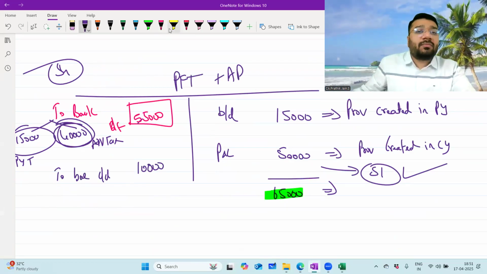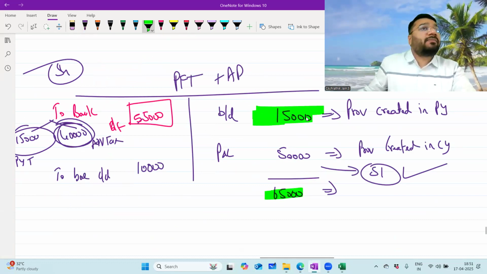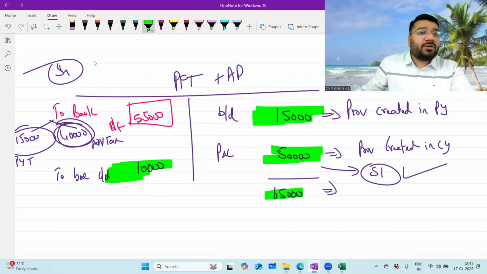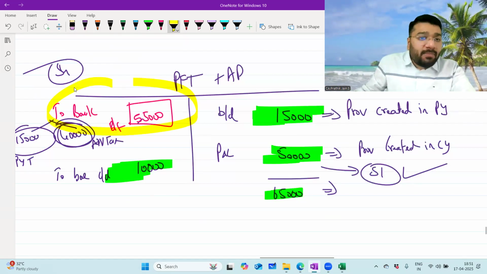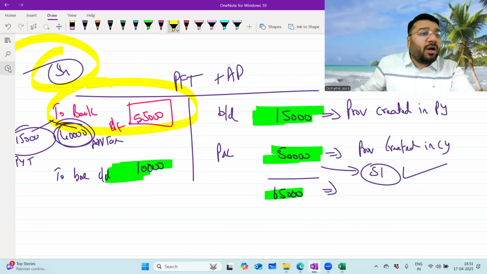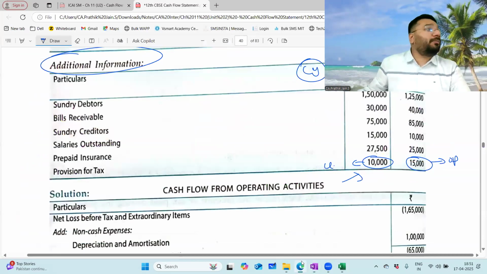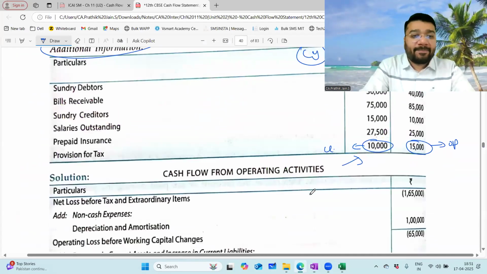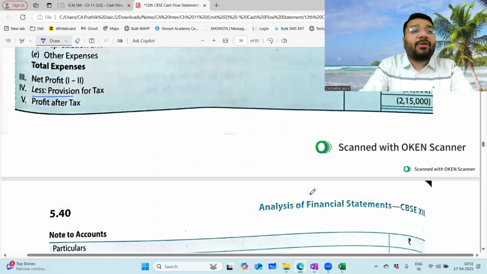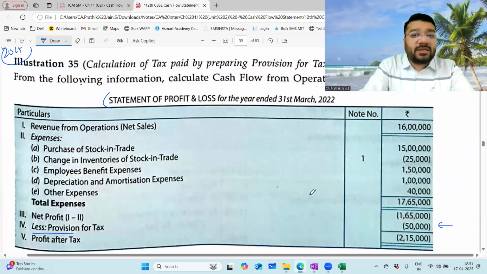So now this was given in the question. So what is the balancing figure? This was the balancing figure, 55,000, which will go to your segment 4. This 50,000 to segment 1. That's all. No doubts? Now I'll give you 2 minutes to finish this question.